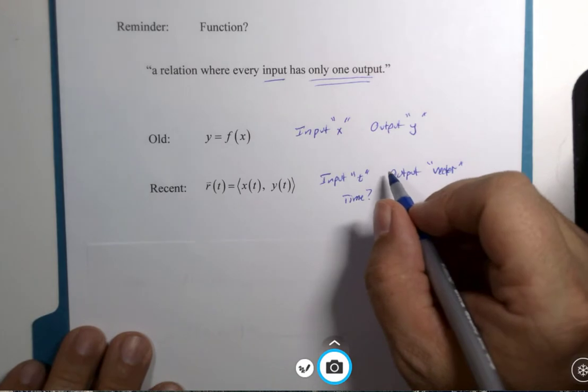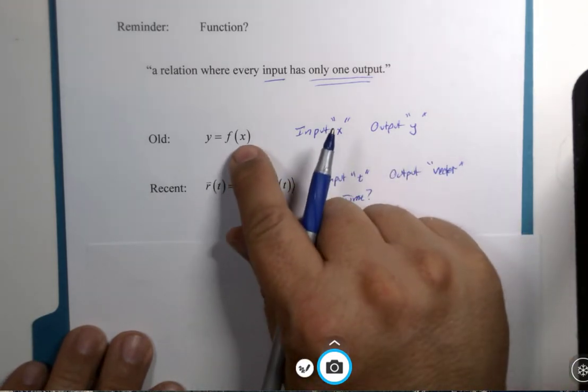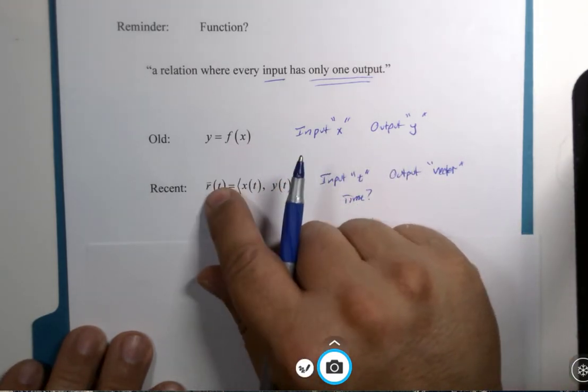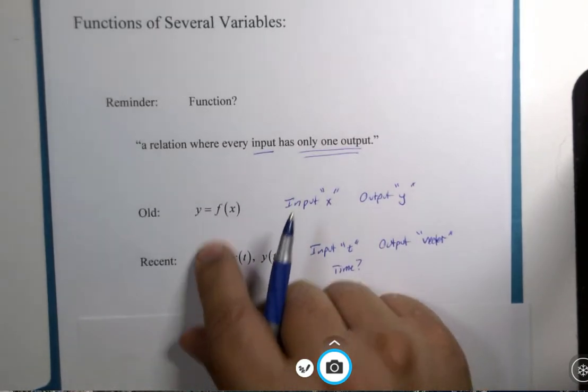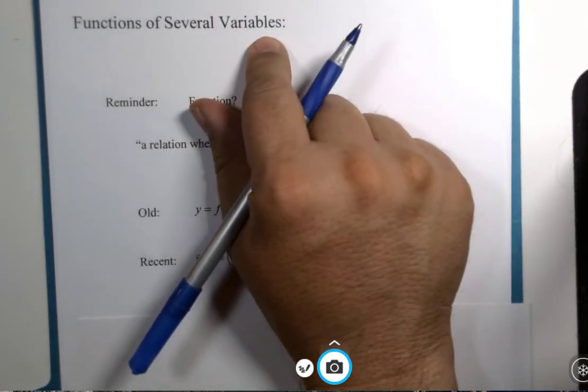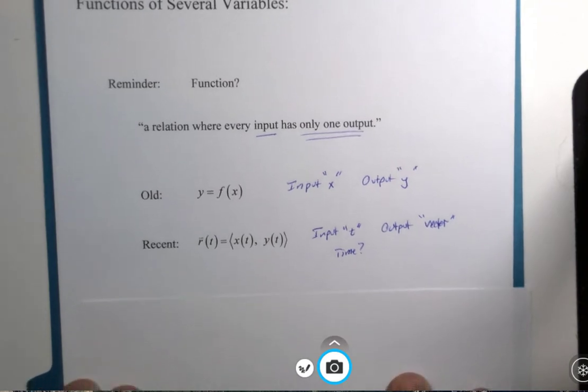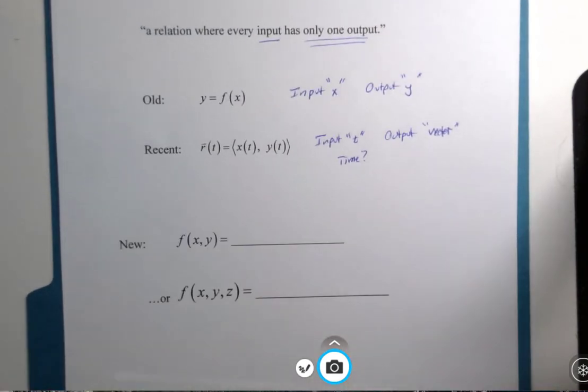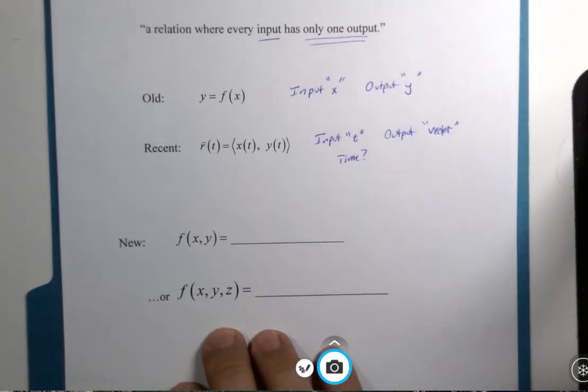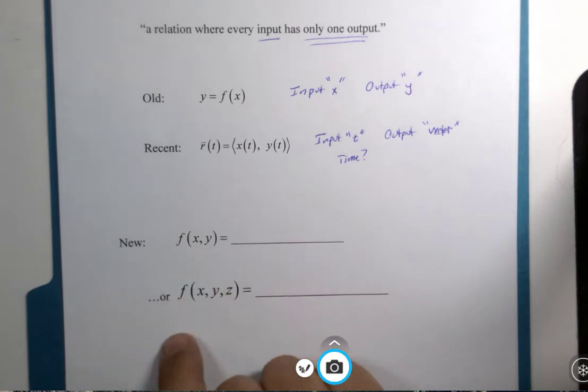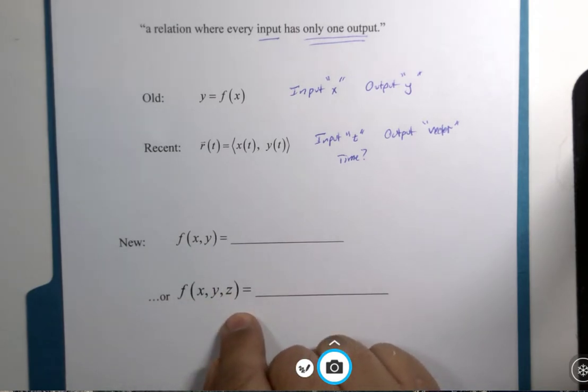So what we're doing now is we're saying that these two functions had a single input. We are going to look for functions where there's more than one input. So you're going to see functions that might look like this: f of x y, or f of x y z.